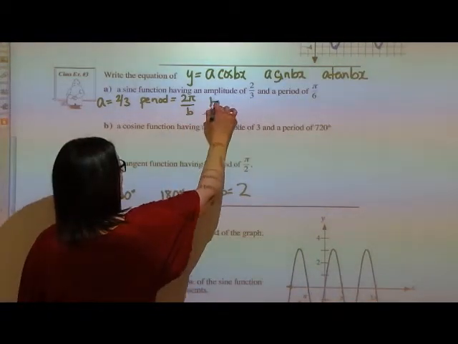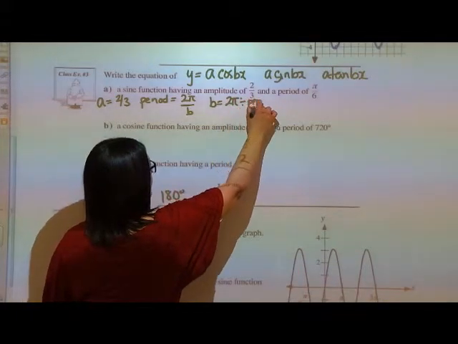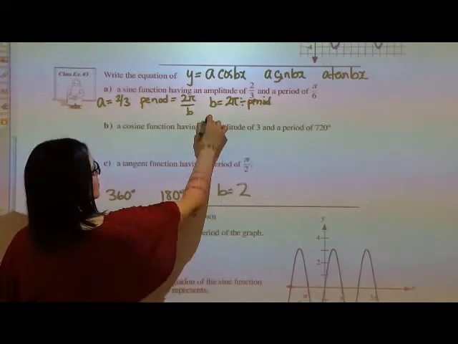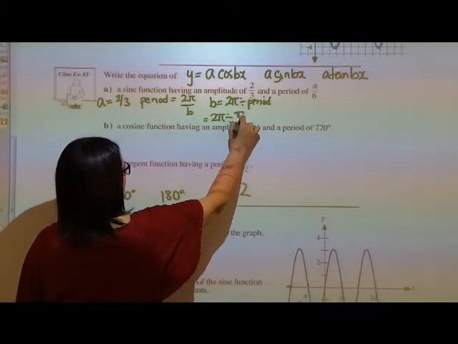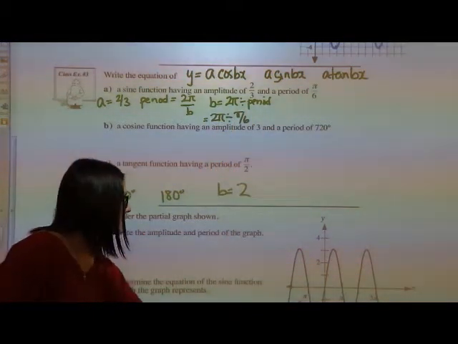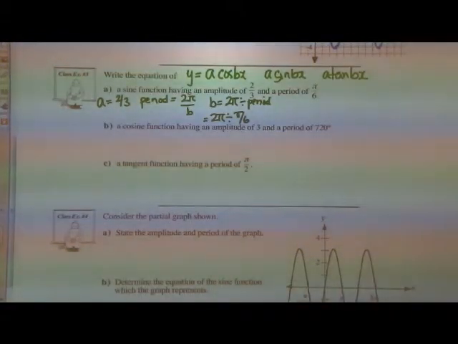So then the b value is going to be 2 pi divided by the period, which is 2 pi divided by pi over 6. What do I get when I divide these?